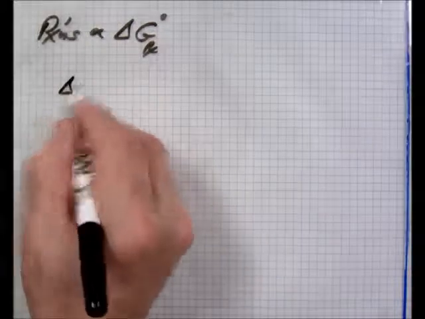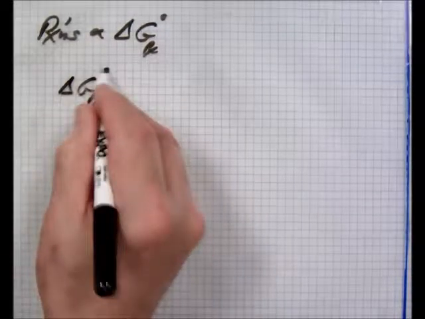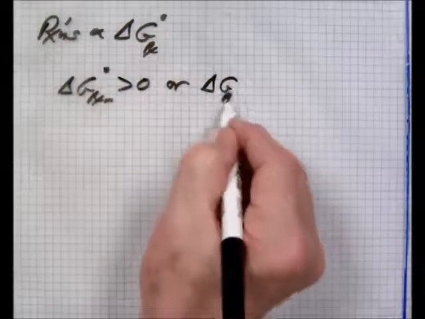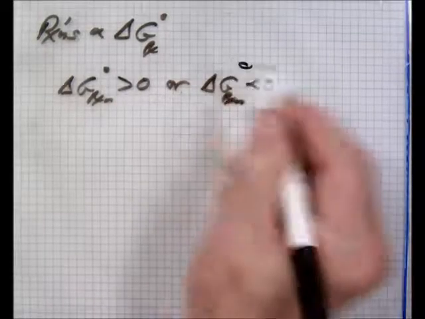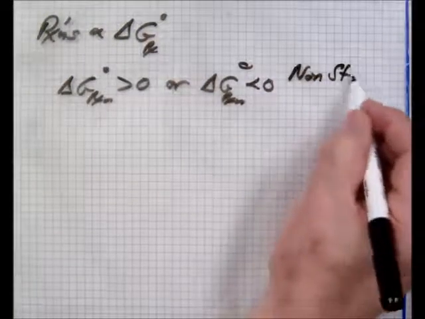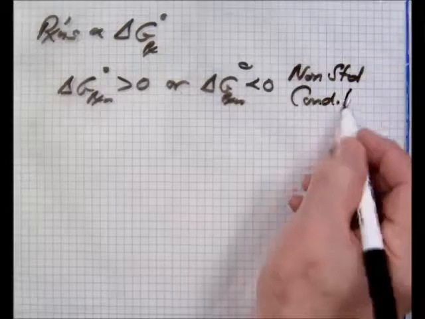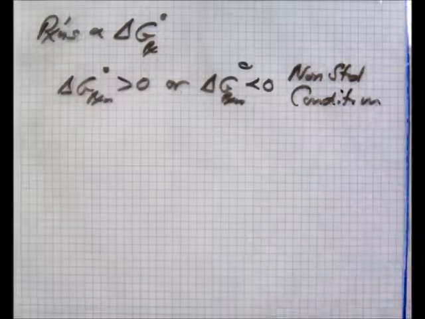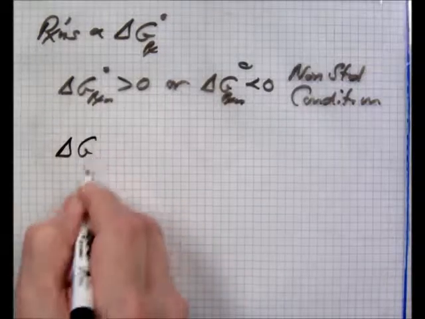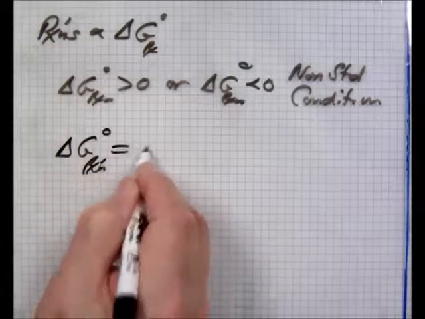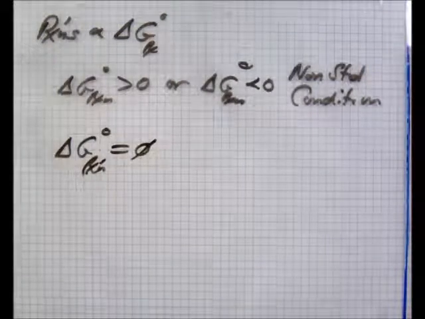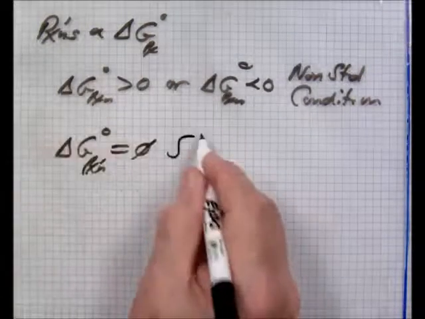If we talk about delta G of reaction that is greater than 0, or delta G of reaction less than 0, this is called a non-standard condition, is what the general characterization of it is. If delta G of a reaction is equal to 0, we say that whatever you're working on is at standard conditions.